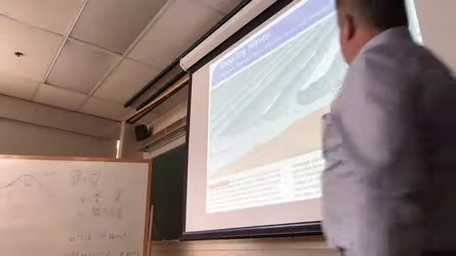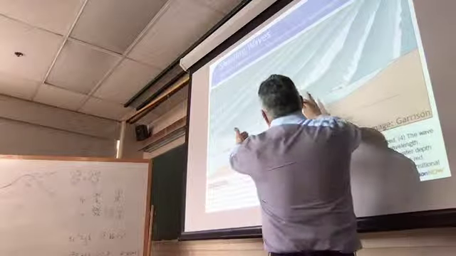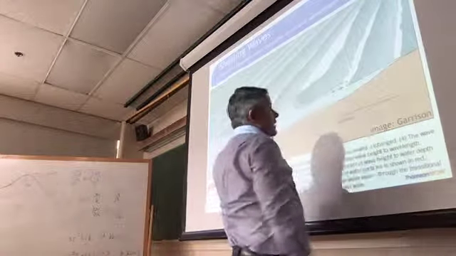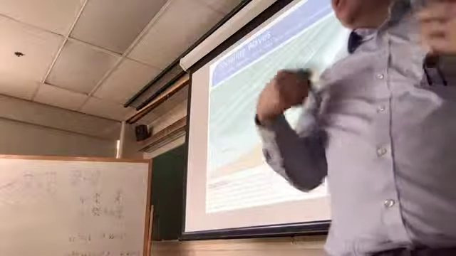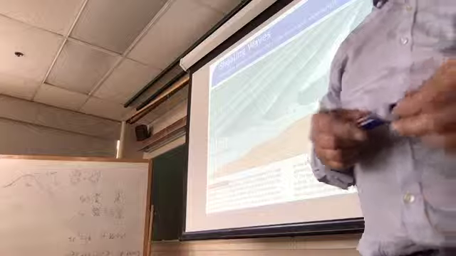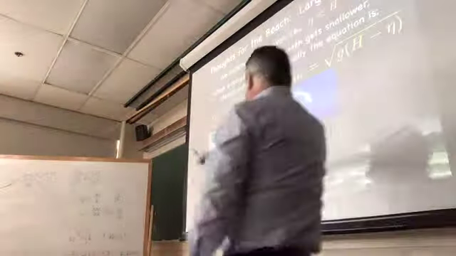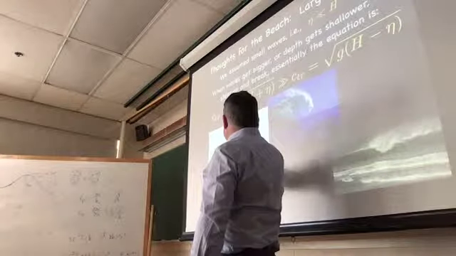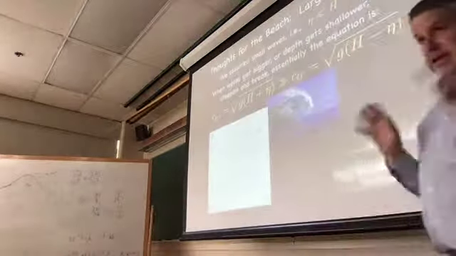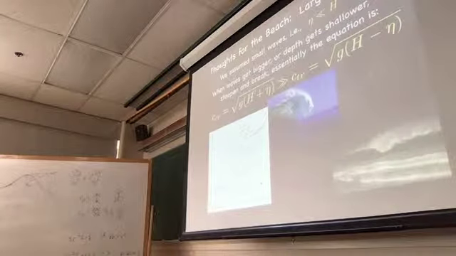So as you get into shallower water, the wavelength shortens and the wave amplitude gets taller, both of which tend to make them steeper, and then they tend to break. This is just that same picture where the crest is overtaking the trough. You get something that looks qualitatively like a breaking wave.